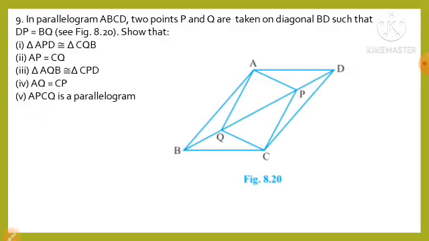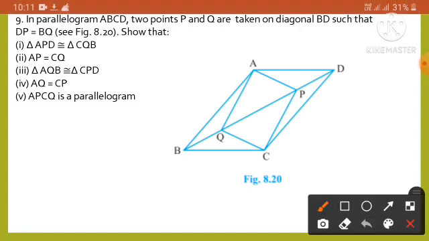In question number 9, the figure is already given here, and the question is: in parallelogram ABCD, two points P and Q are taken on diagonal BD such that DP equals BQ. Now we have to show all this one by one.